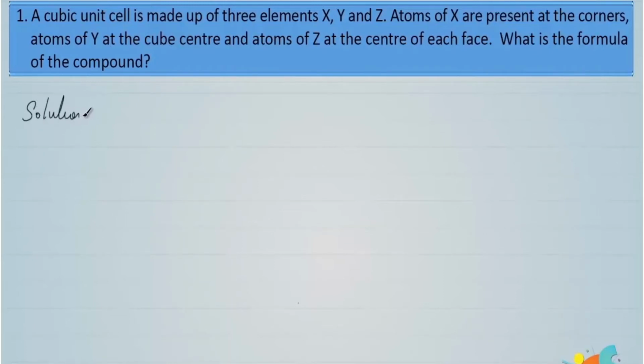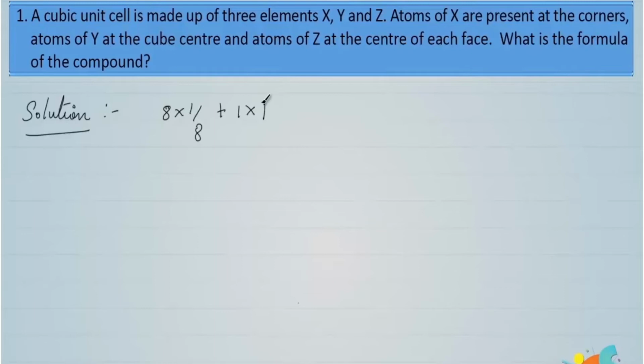In solution, atoms of X occupy the corners. The contribution of X atoms is given as 8 into 1 by 8, and then we have the cube center, which is occupied by only one atom in the unit cell. Therefore, the contribution of Y atom is given as 1 into 1.